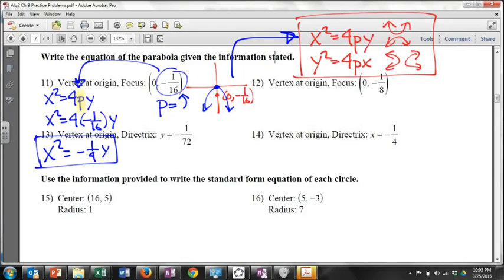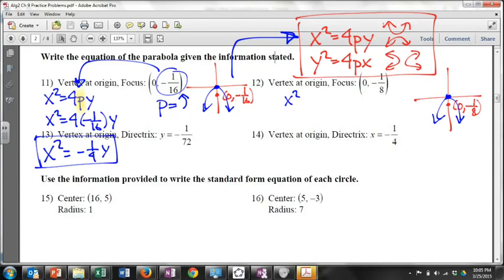Number 12. I'm going to sketch this out again as well. Each time I sketch it out, just to make sure, 0, -1/8. That means my parabola goes down because my vertex is at 0, 0 in this case. That's a given. So again, it's the x squared type of equation.